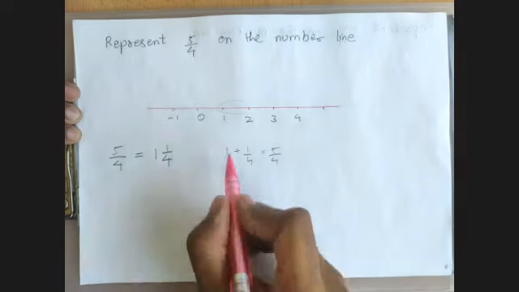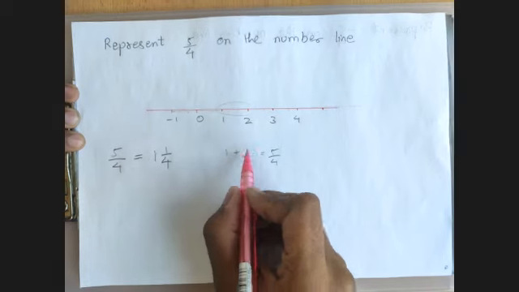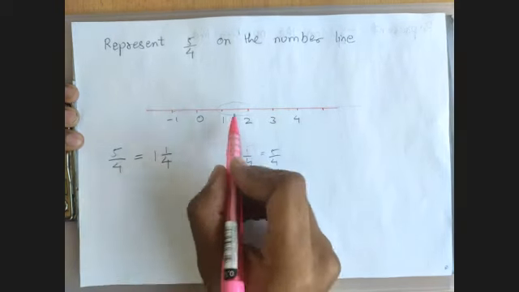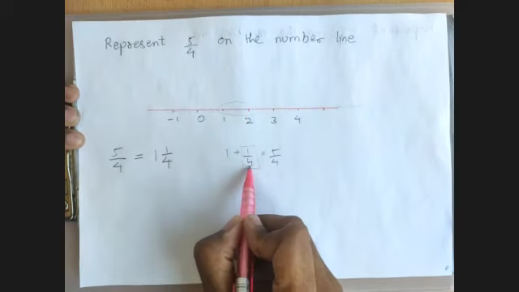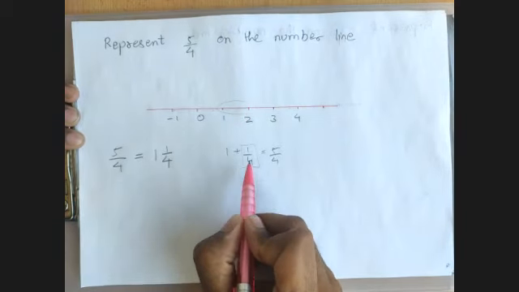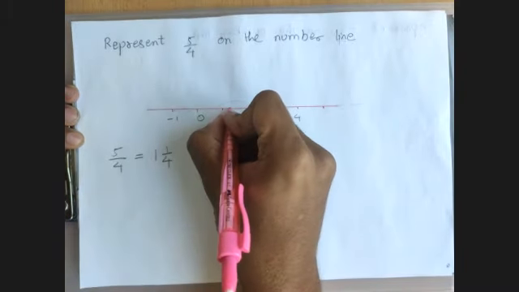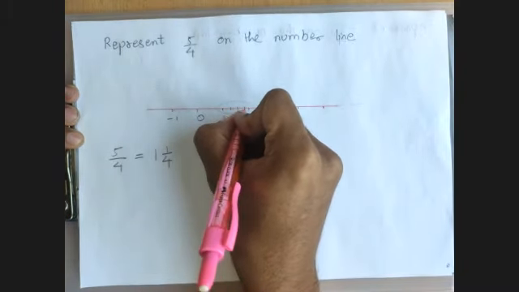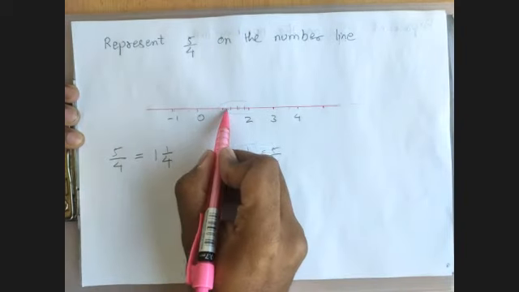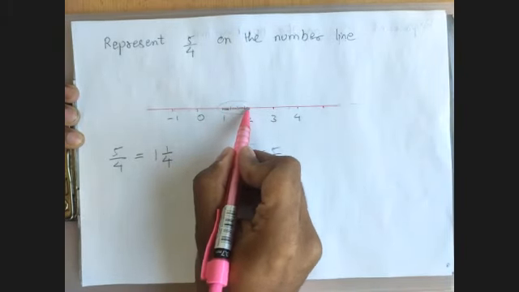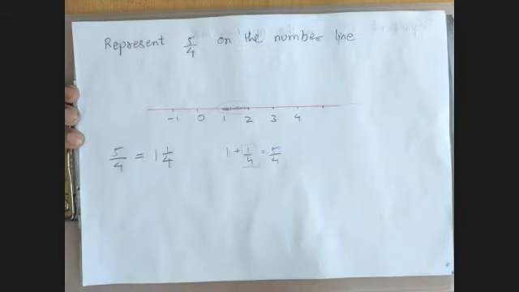So if I look at this, it is dividing the remaining part, that means this remaining part into 4 parts. And this lies on the first part. So if I divide this into 4 parts, this is the first part, this is the second part, third part, and the fourth part. 4 equal parts.